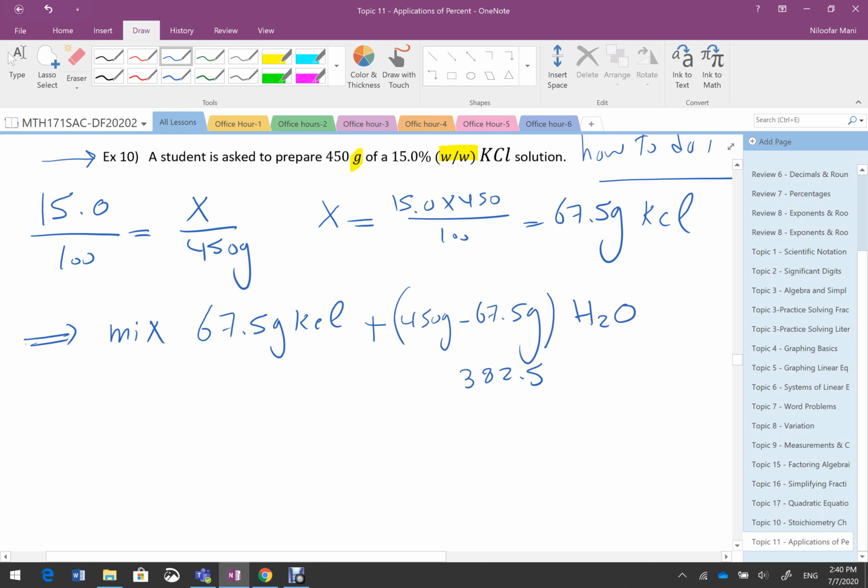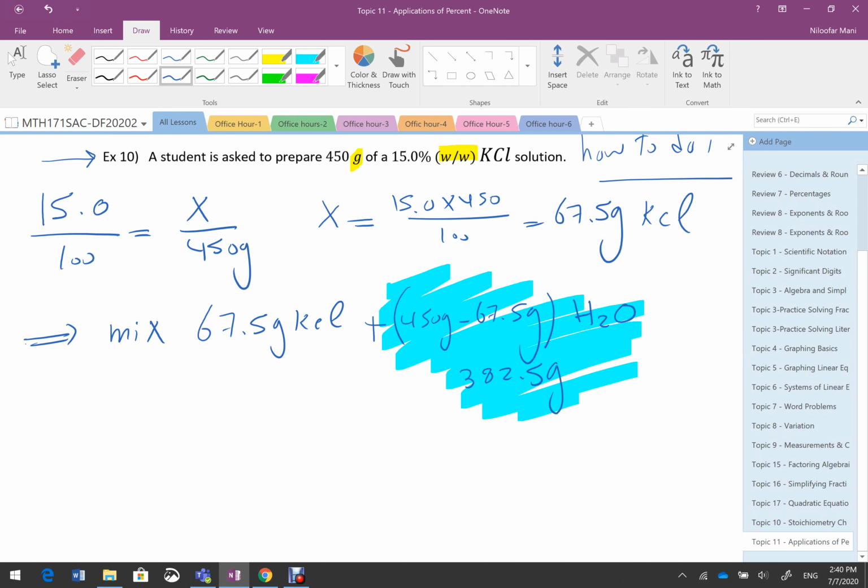Okay, easy, because one of them is gram, total is gram, so I can find how much water. Okay, so this is how much water here.